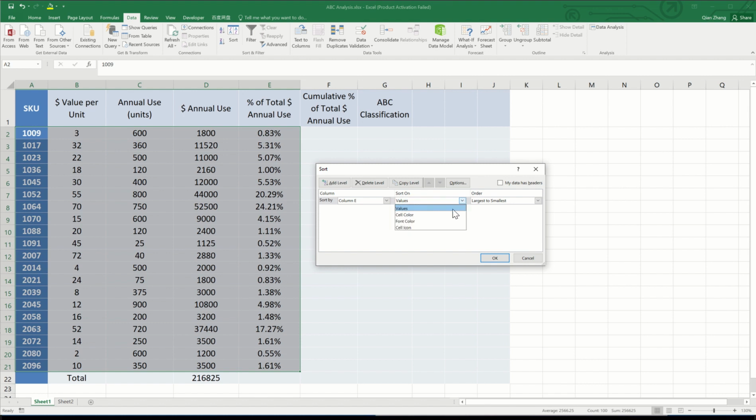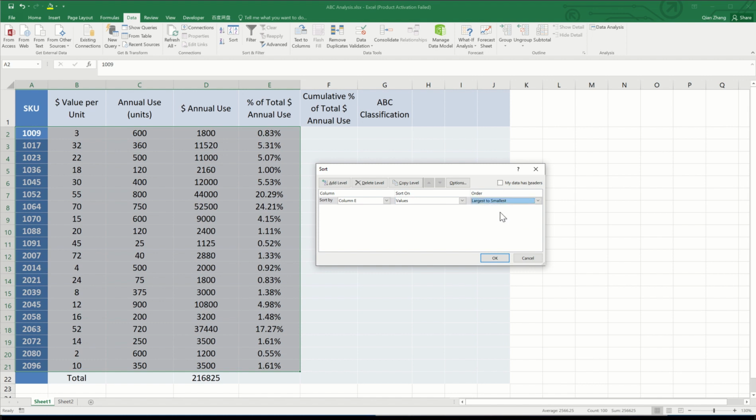Actually, you have other choices. For another problem, if you want to classify according to the cell color, font color, or cell icon, you have different choices. But for this specific problem, we go by values. And you can decide the order: largest to smallest, smallest to largest, or a custom list.